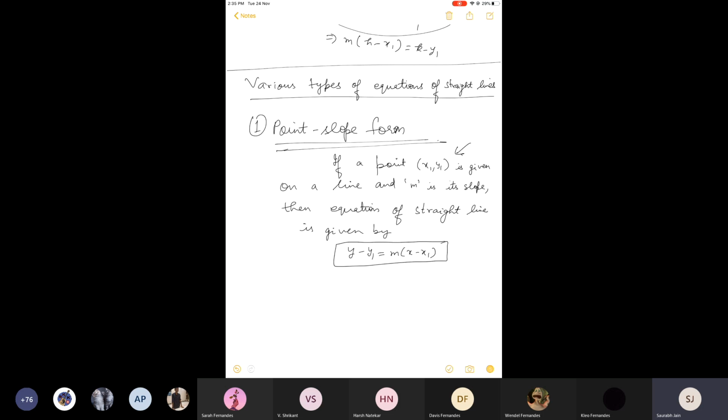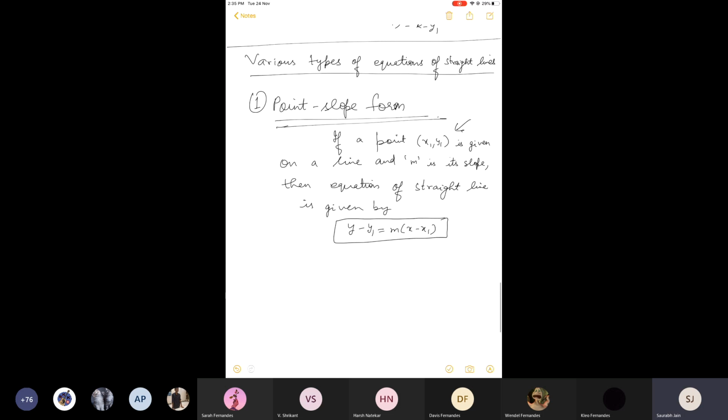So if you have the coordinates of one fixed point on a line, and you know its slope, you can write its equation using the formula y minus y1 equals m into x minus x1.